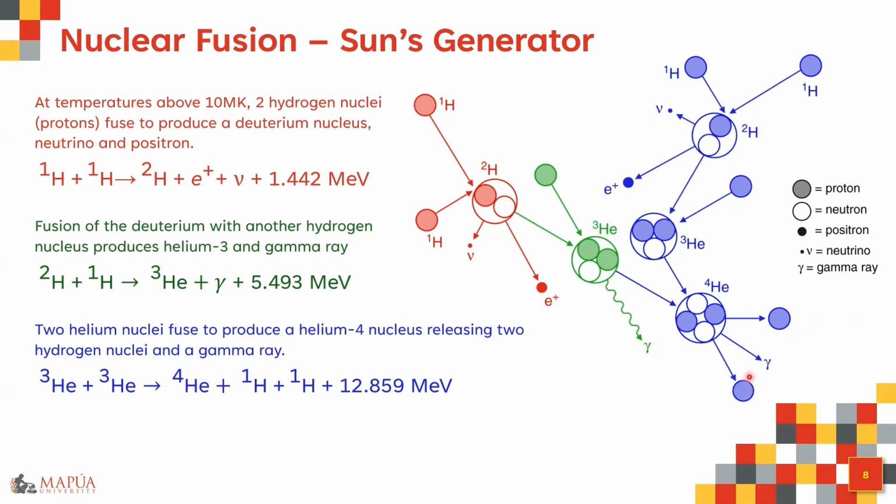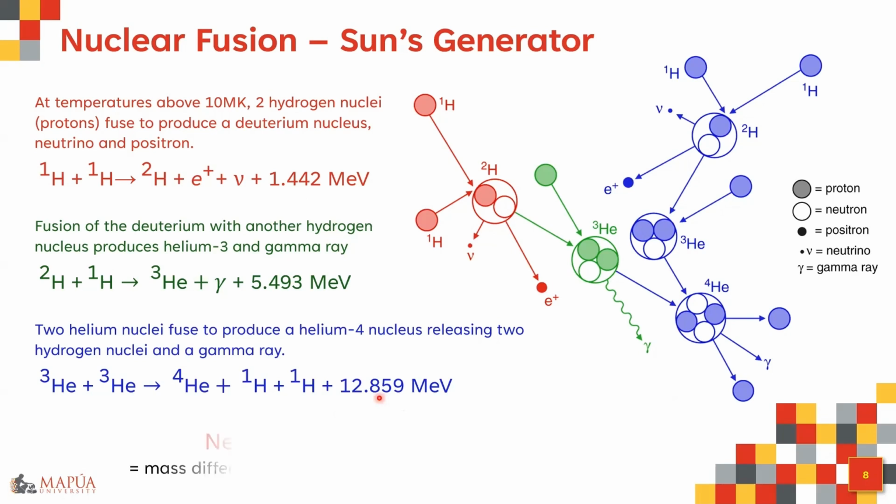And then the process will repeat. This series of nuclear reactions is the main source of your energy. Of course, there are other fusion reactions that happen to produce the other, heavier elements, but not as many compared to this process.